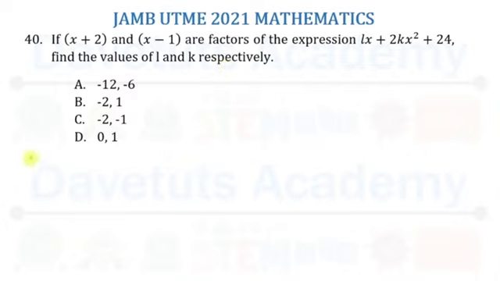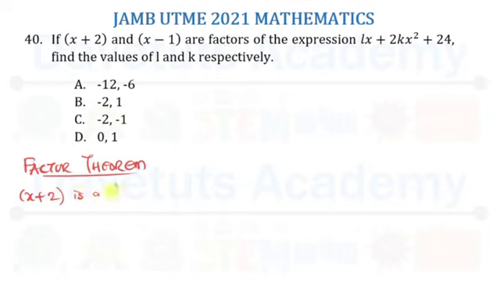Well, factor theorem is going to come in handy for us, and just as a means of refreshing our memory, the factor theorem is telling us that if x plus 2 is a factor, then what we need to do is to say x plus 2 is 0, therefore x is minus 2. And if you put the value of minus 2 in the function, that function is going to yield 0.